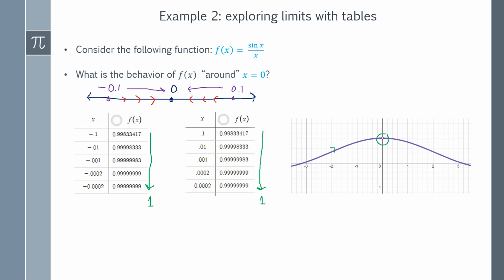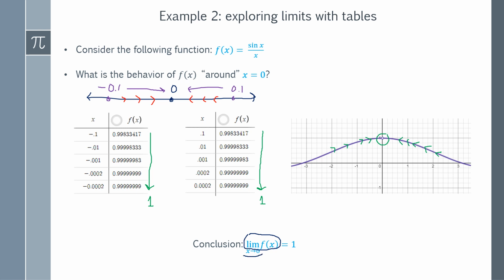Let me demonstrate it. As we're coming from the left, we go to 1. As we're coming from the right, we also go to 1. So what would our conclusion be for this particular example? The conclusion is the limit of this function, that's the behavior of this function, as x goes to 0.